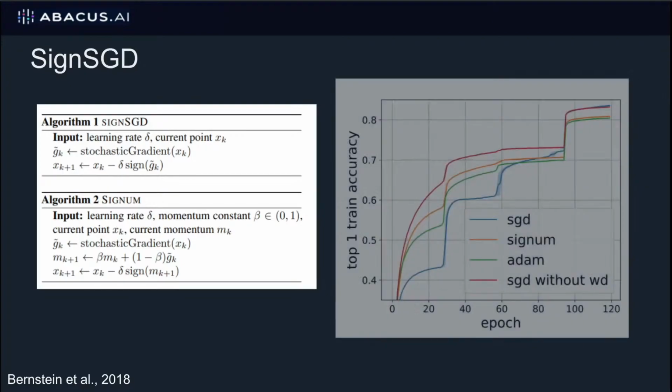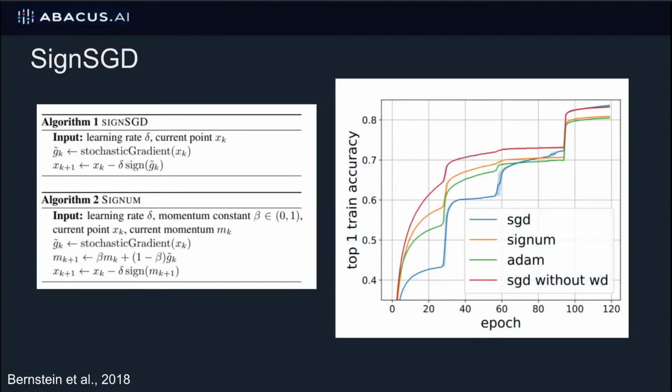On the practical side, they showed that the momentum counterpart of signed SGD is able to match the accuracy and convergence speed of Adam on deep ImageNet models. They also extended their theory to the distributed setting, where the parameter server uses a majority vote to aggregate gradient signs from each worker, enabling 1-bit compression of worker-server communication in both directions.